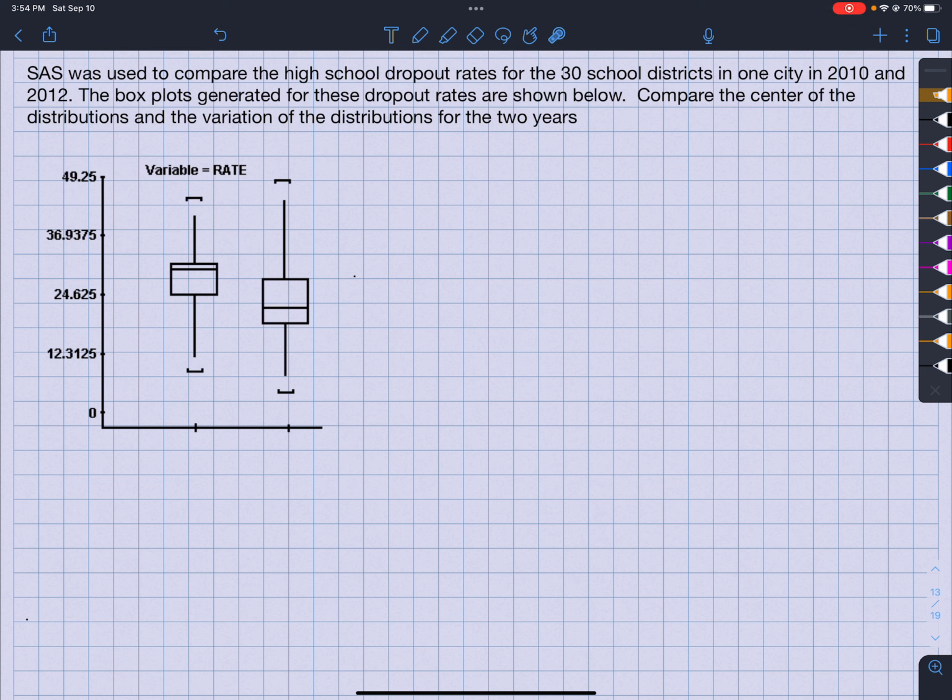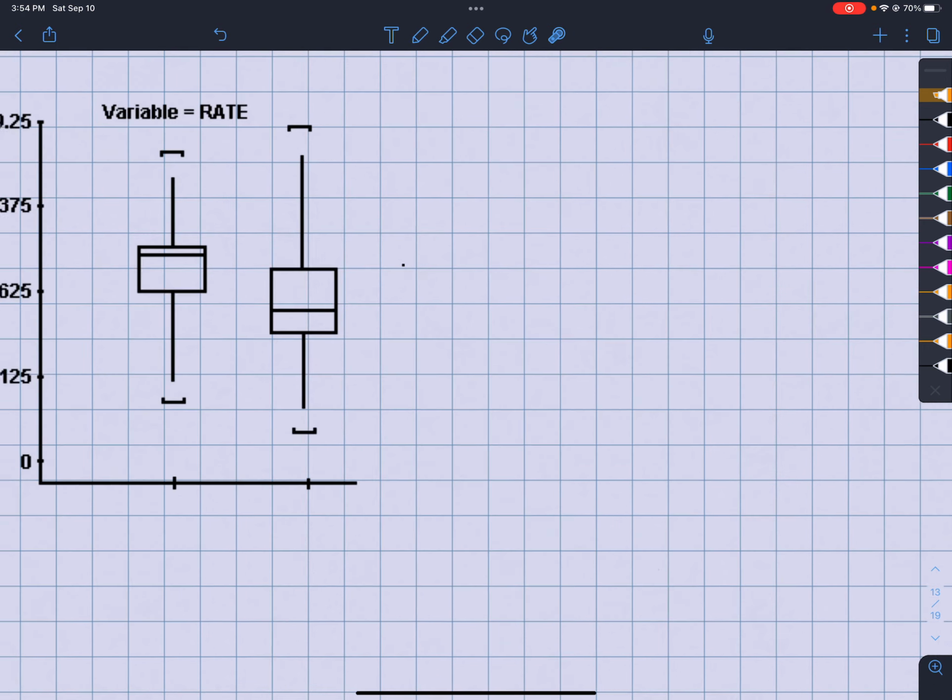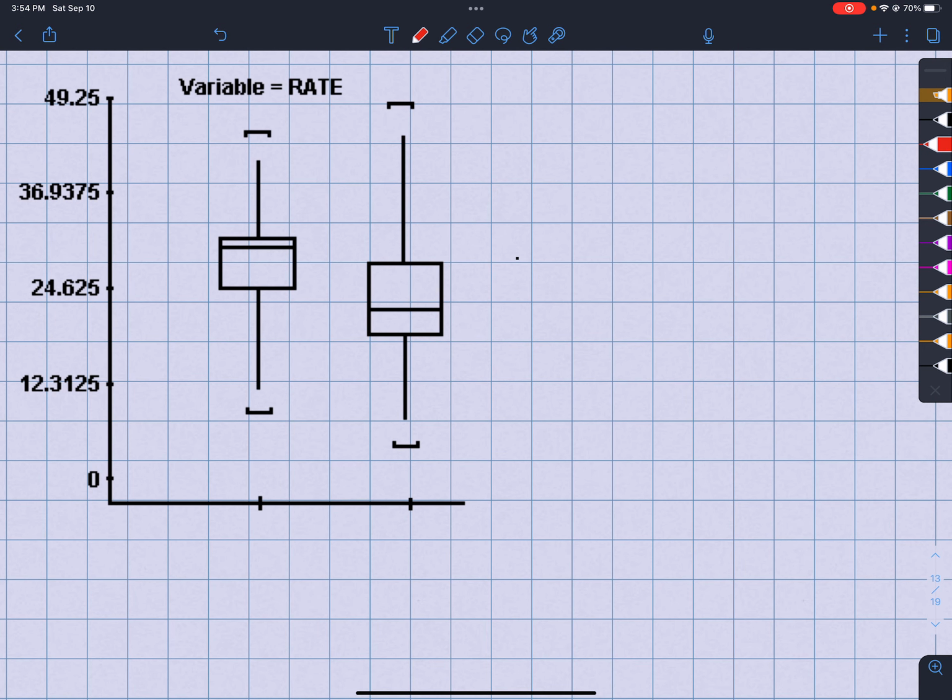So center is talking about this part right here, and variation, what does this tell me, right? As I look at this, I know that this is going to be Q1, this is going to be my median, and this is going to be my Q3.